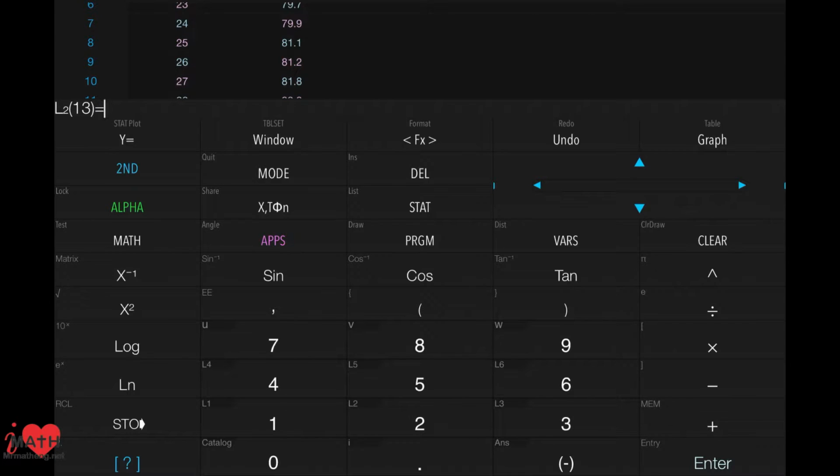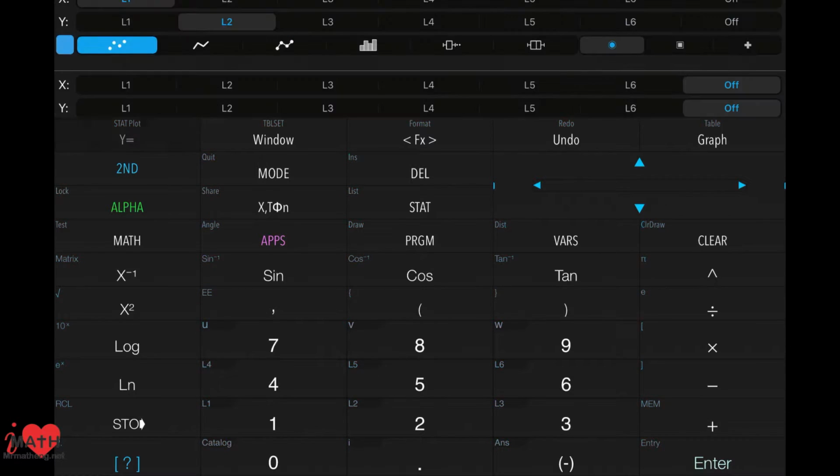So again, I would just go under Stat, Edit, put it in my list there. And then to graph this, this one does a better job. Second, y equals to get stat plot. And then list X is my list 1 and Y is my list 2. So you change that on the top there. And then I wanted a scatter plot. And then you go over here and to the far right and just press graph.